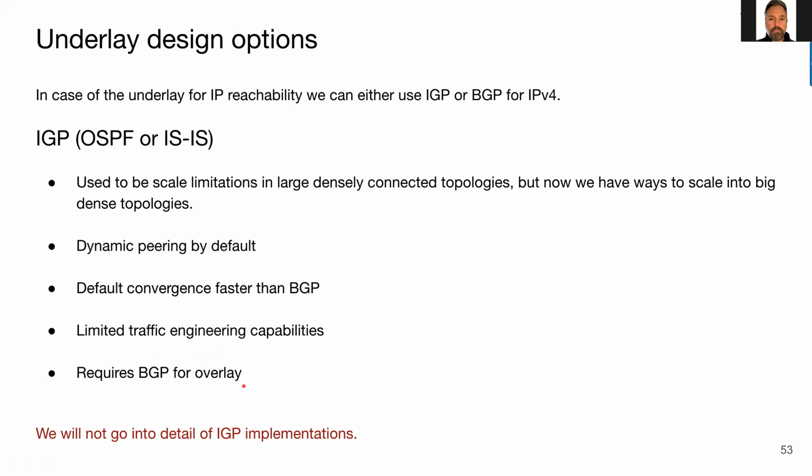So even though you're using a different routing protocol for the underlay, it makes the config a little easier to look at if you don't use BGP for both? Yes.